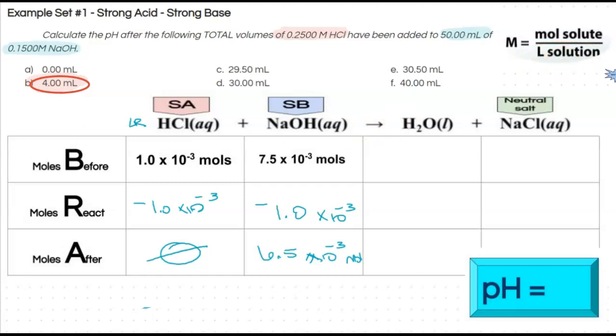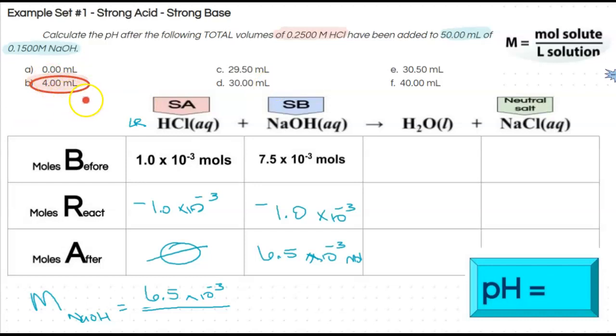So to find the molarity of the sodium hydroxide, my NaOH, I have to take the moles of sodium hydroxide, which are 6.5 times 10 to the negative third, and I divide that by my total solution volume. Well, I had 50 milliliters of the base, and I added 4 milliliters of the acid.